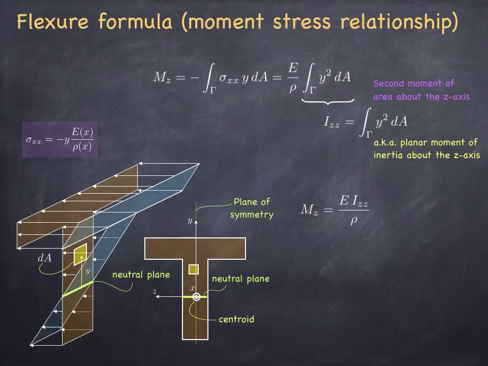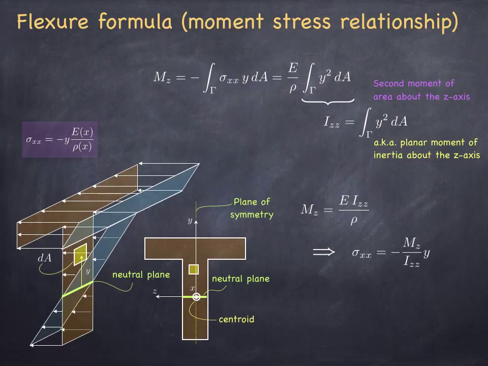We can re-express this formula slightly differently by plugging in an expression from the purple box on the left for 1 over rho. From the purple box on the left, we see that 1 over rho is simply sigma divided by minus E y.